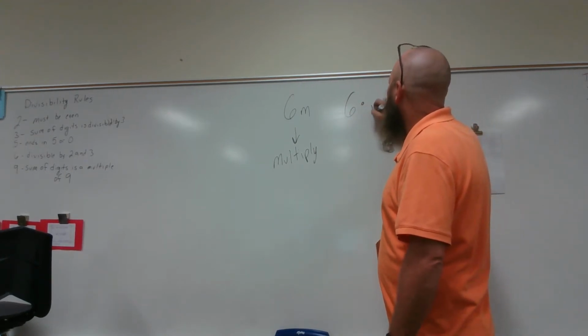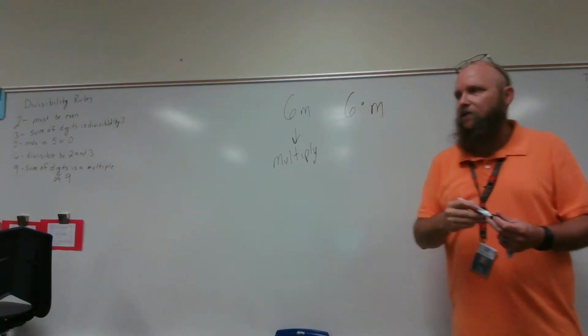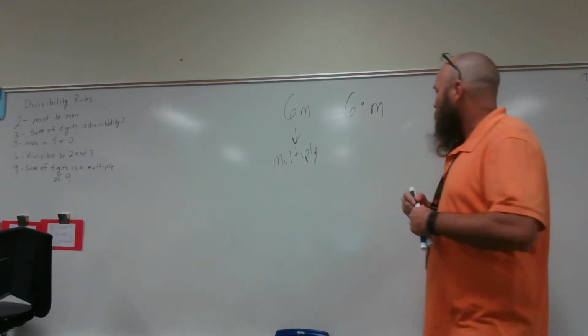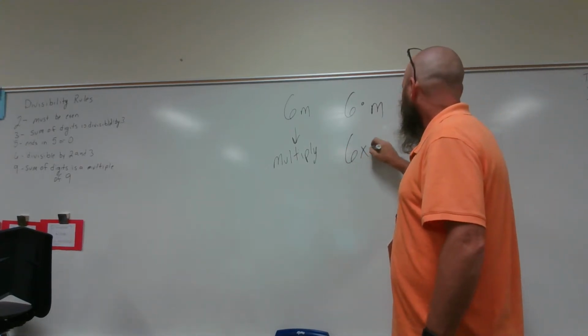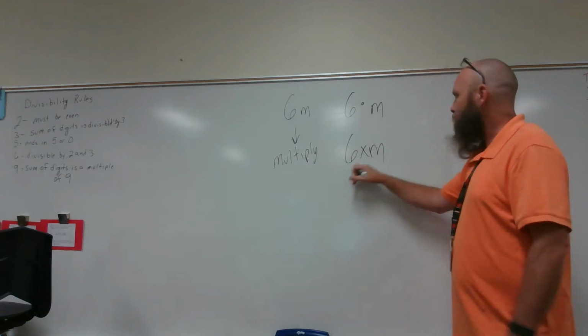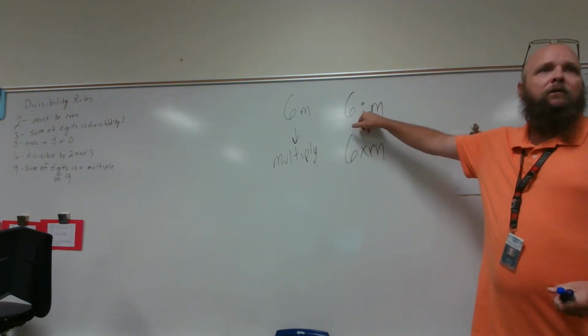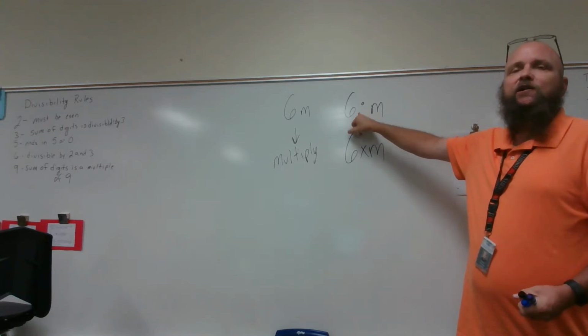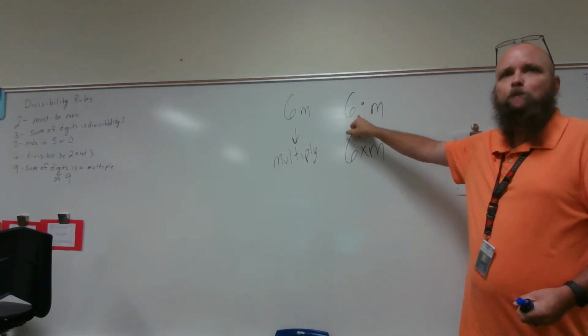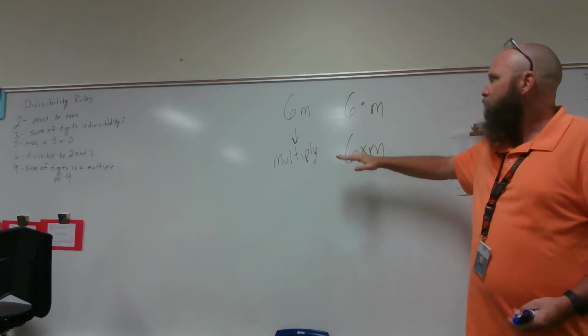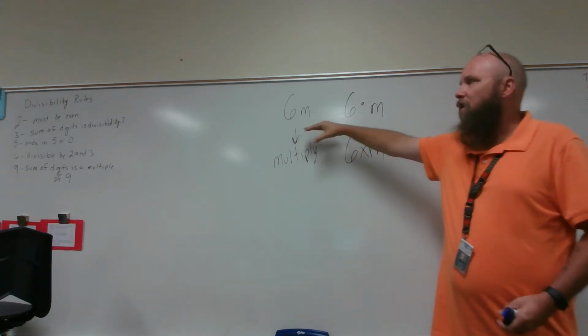And we've talked about that a little bit. The reason behind the dot, because if I put the... Okay, that looks like 6xm. So as you move along, you need to recognize that the dot also means multiply. Okay? So number and a letter side by side, multiply.